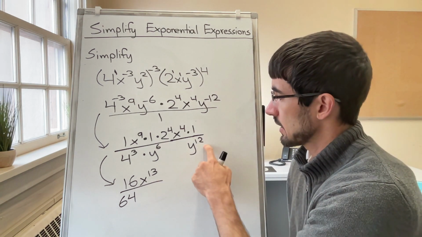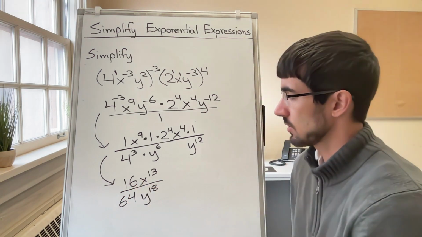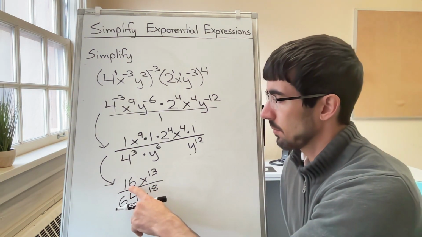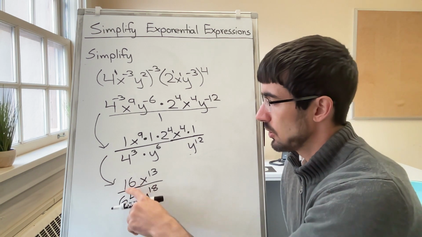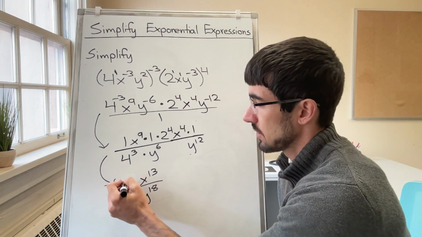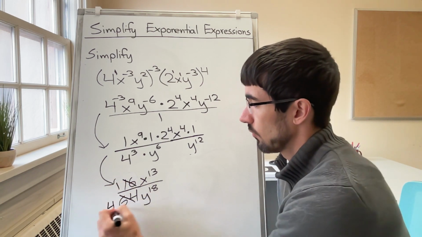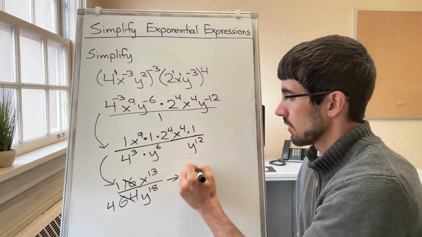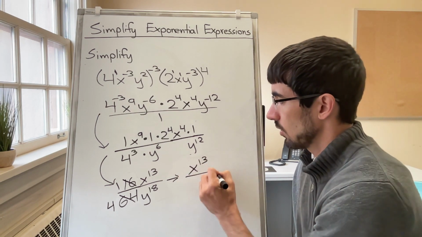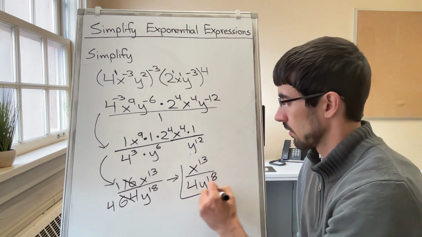And y to the 6th times y to the 12th gives me y to the 18th. I'm adding those exponents. The last step here is simply to reduce this fraction in lowest terms. 16 over 64, those are both divisible by 16. So this becomes 1 over 4. And so my final result is x to the 13th over 4, y to the 18th.